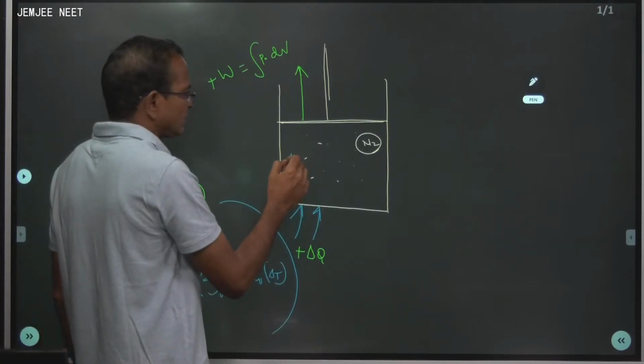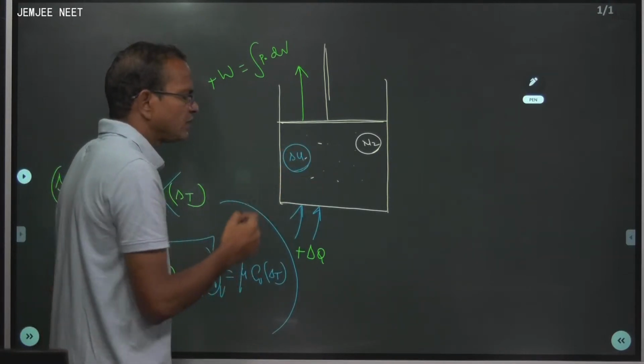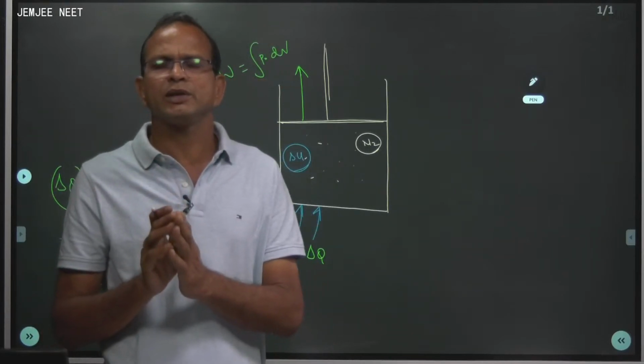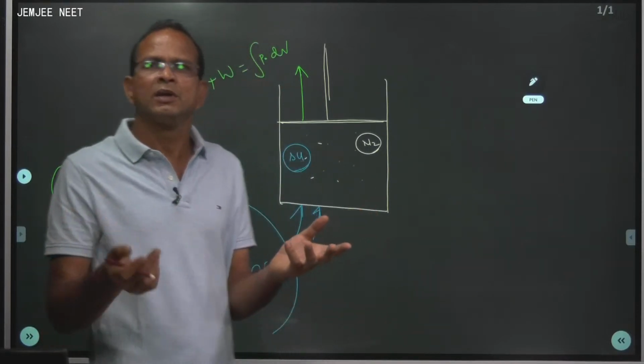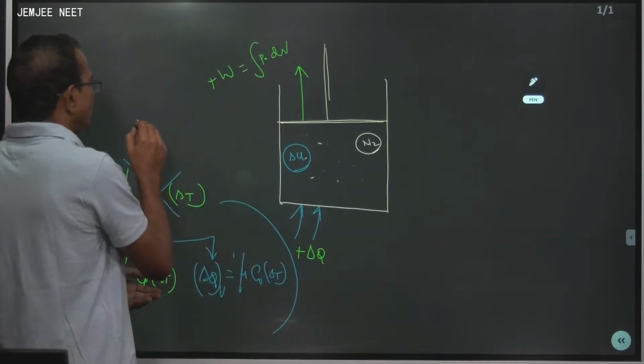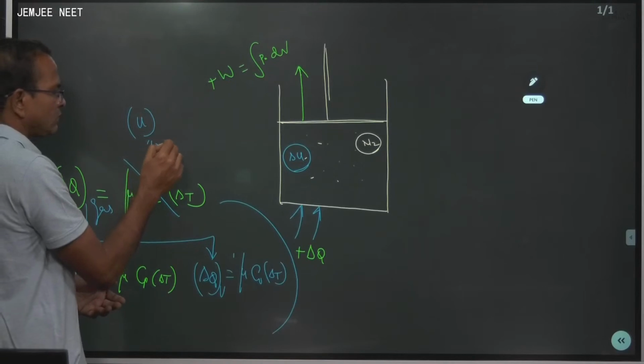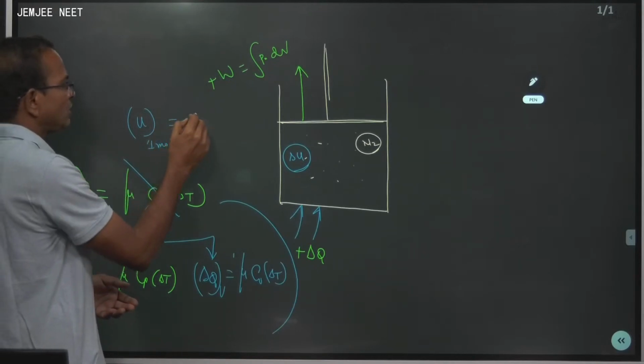Then the internal energy, delta U. What is the definition of internal energy? The sum of all the kinetic energy of the molecules is what is called internal energy. For internal energy of 1 mole, what is the sum of kinetic energy of all the molecules?